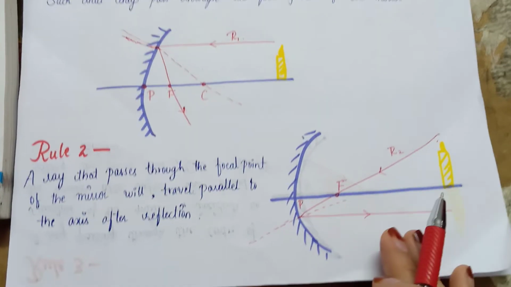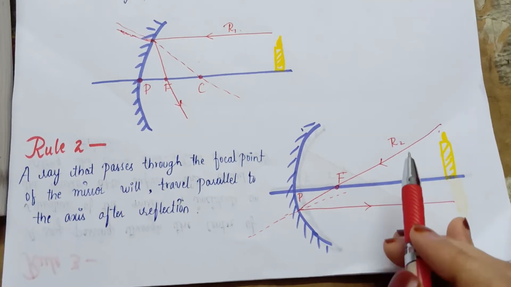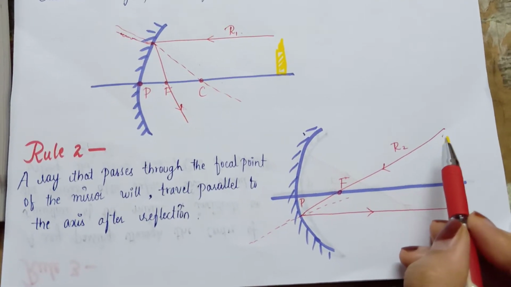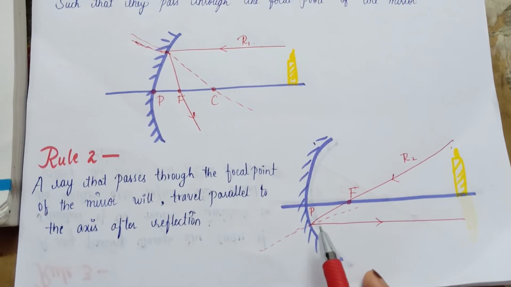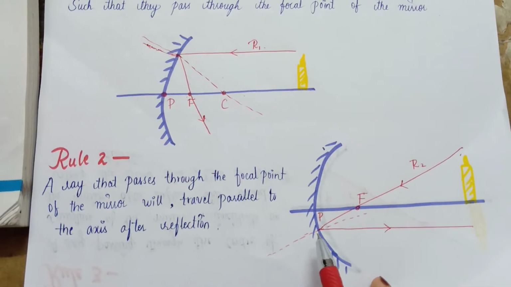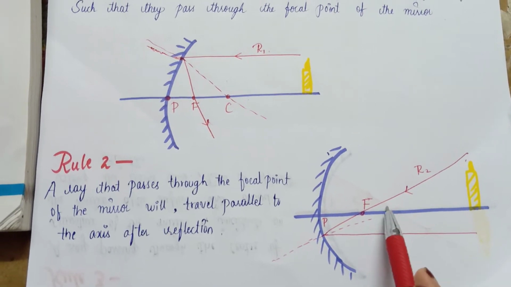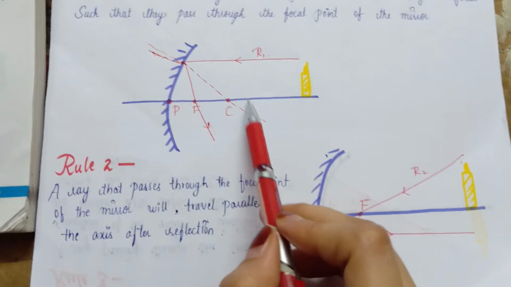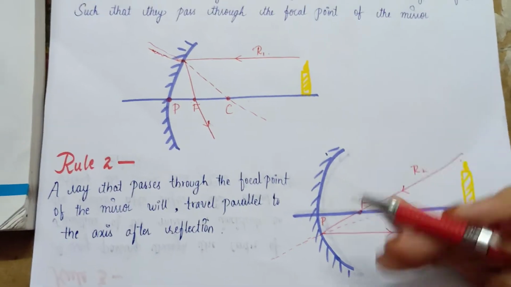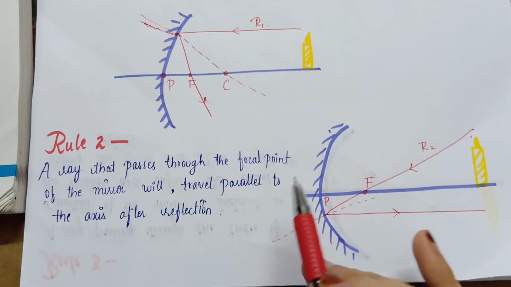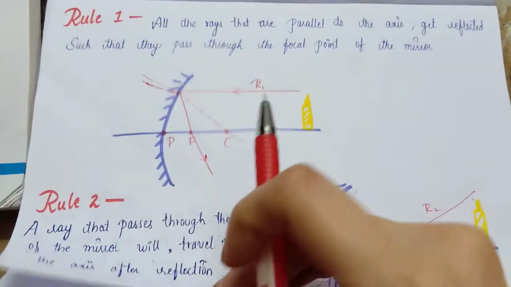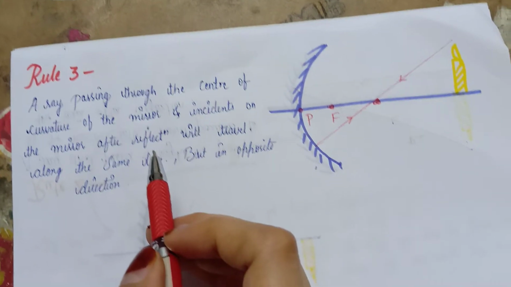But in rule 2, the ray first passes through the focal point and then is reflected back parallel to the axis. Same here, parallel to the axis, but quite opposite. Okay, is this statement clear?